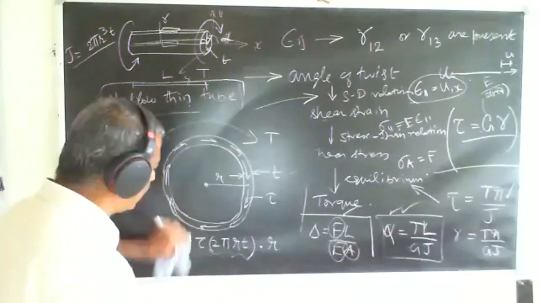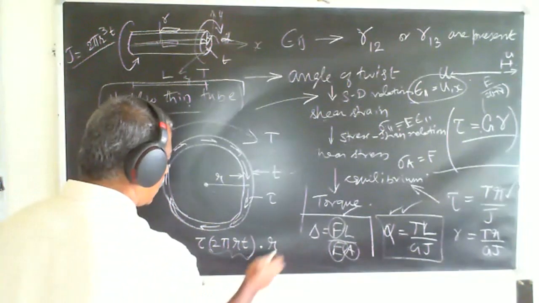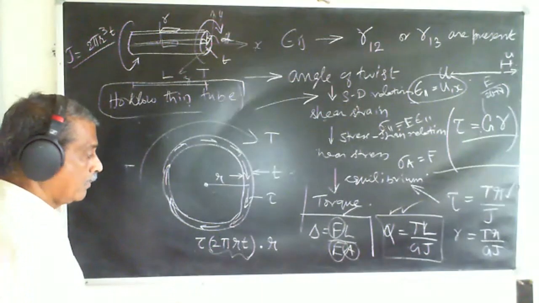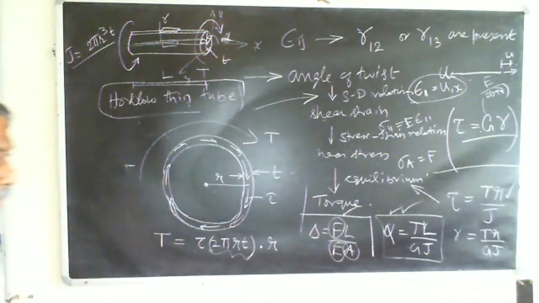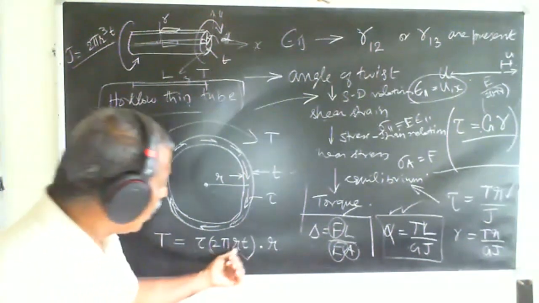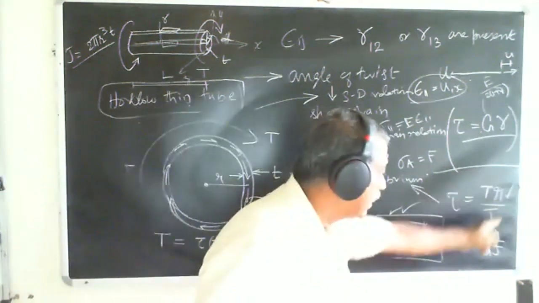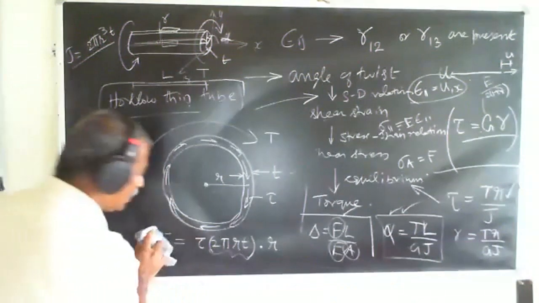I don't have to integrate. 2 pi R times t times R. Have I missed out anything here? This should be equal to T. Now this can be written as R cube, and then one R can be taken out. That's how I get this TR by J. Is this clear?